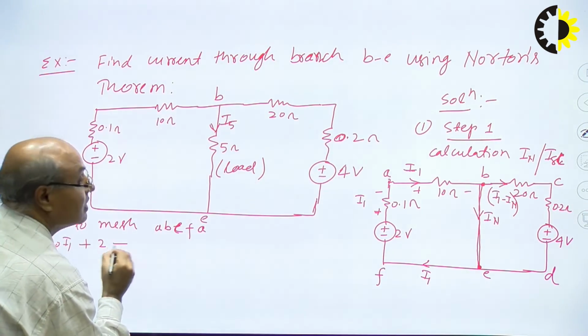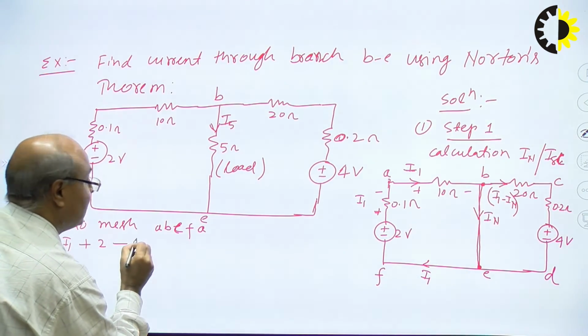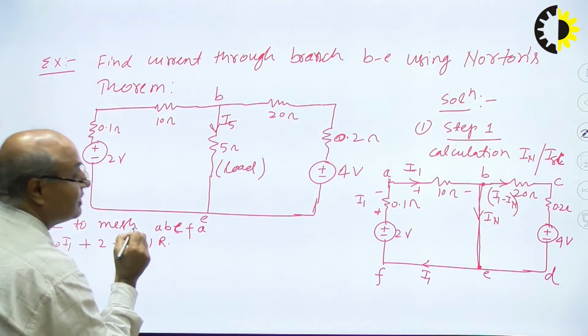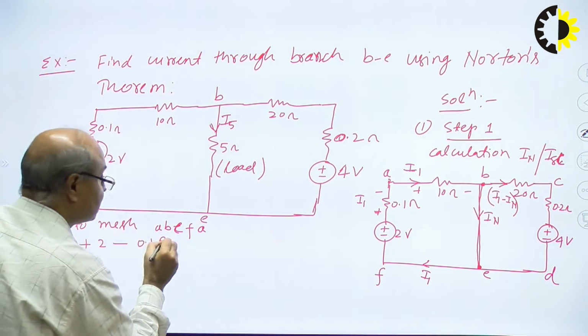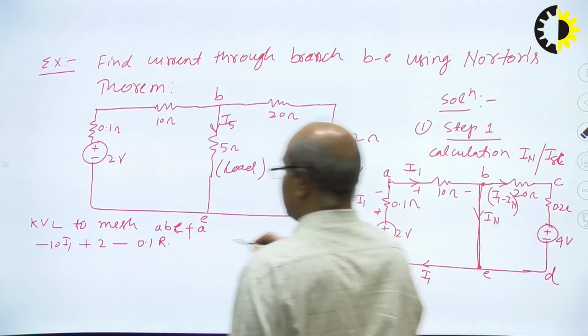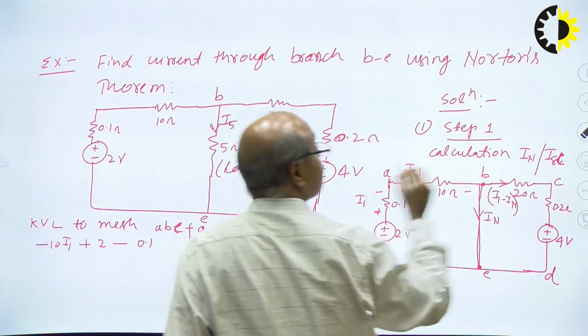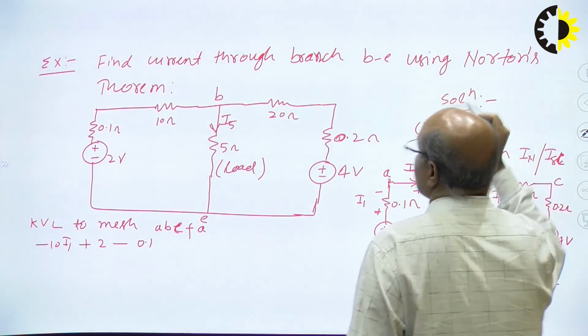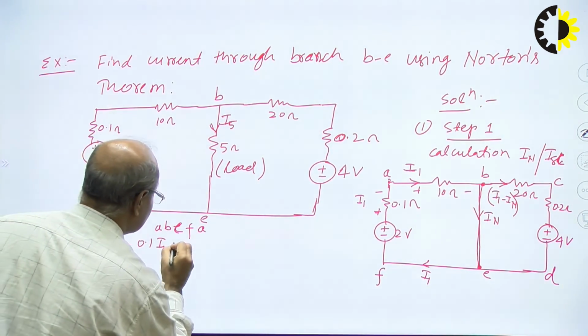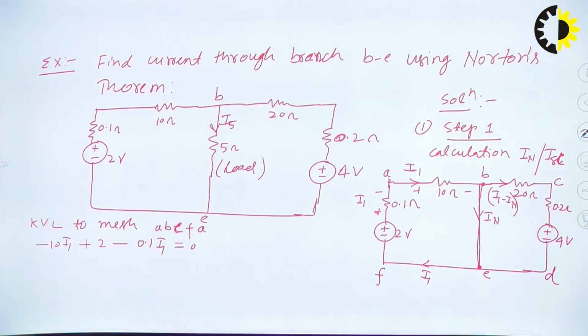So we write this voltage drop as 0.1 into I1, and this is equal to 0. This is simply KVL to this mesh or loop.